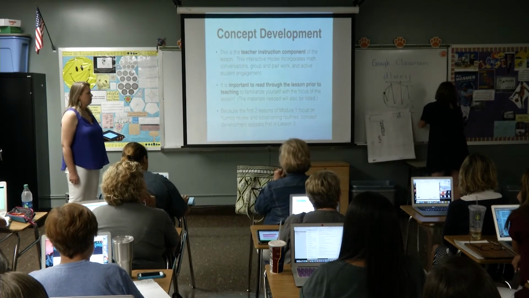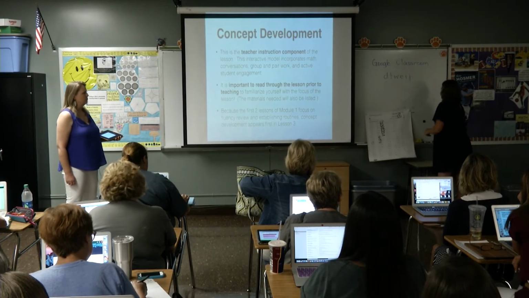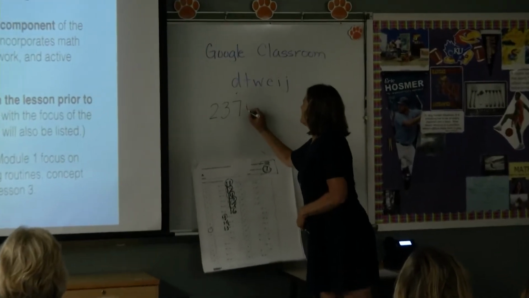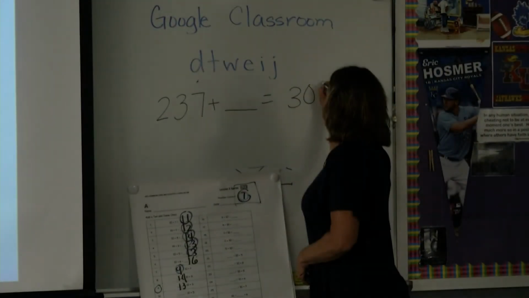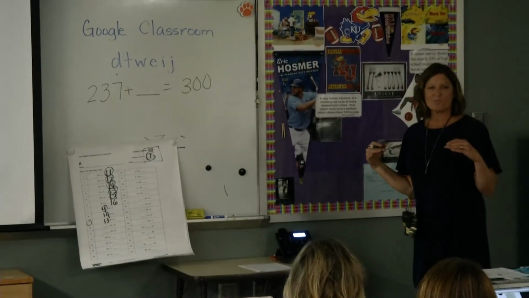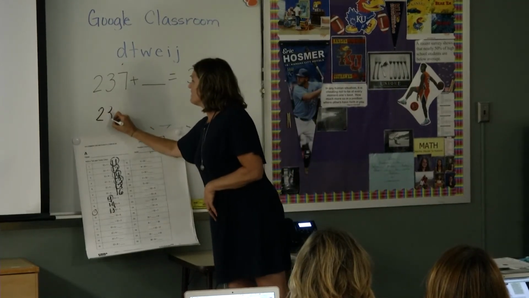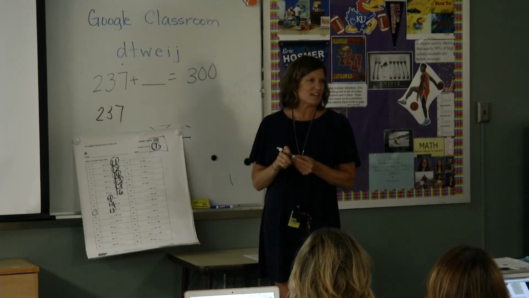we did things like 237 plus what number equals 300. And the kids will sit there and do different strategies. The program does a fabulous job of showing you, and I have kids on Seesaw explaining how they got there.